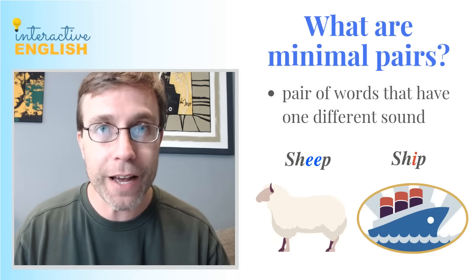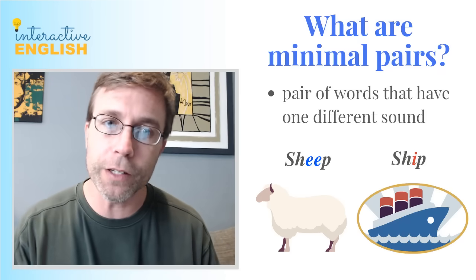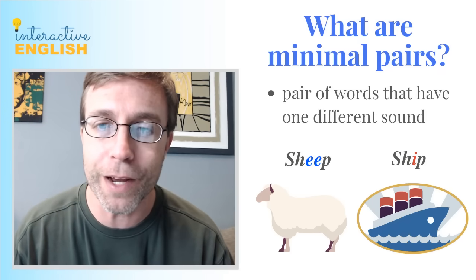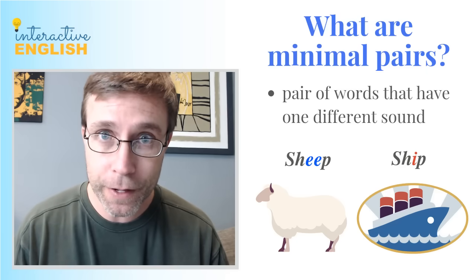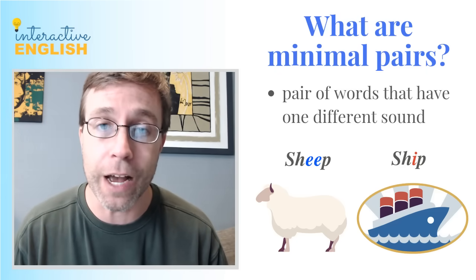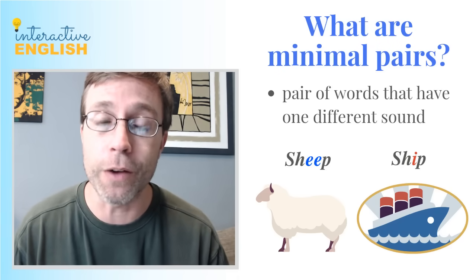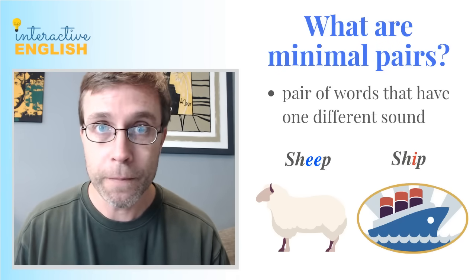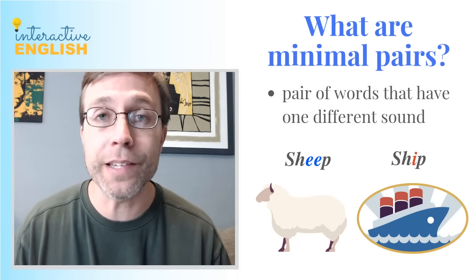And usually you have these two different sounds that are fairly similar. So for example, look at my beautiful examples. We have the word sheep that has that long E sound, and then the word ship, which has that short I sound. Sheep, ship. Now, the only difference is that vowel sound in the middle there.